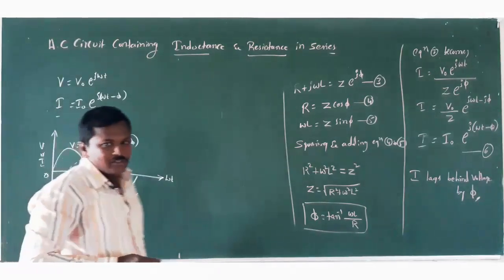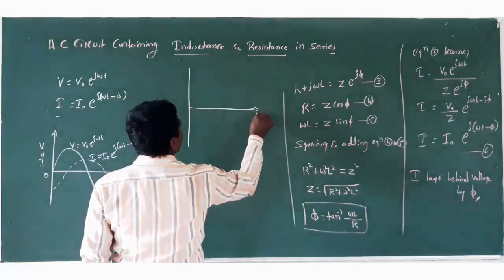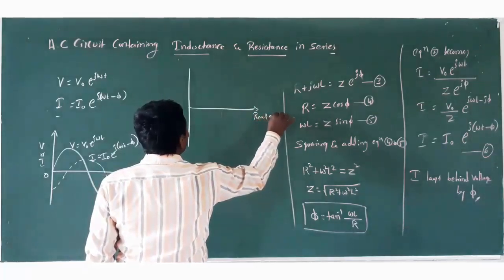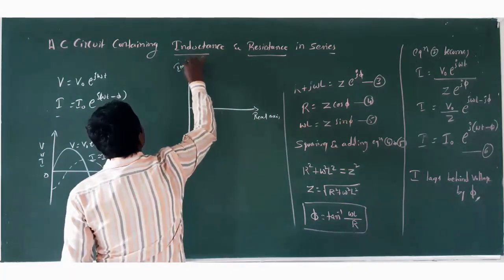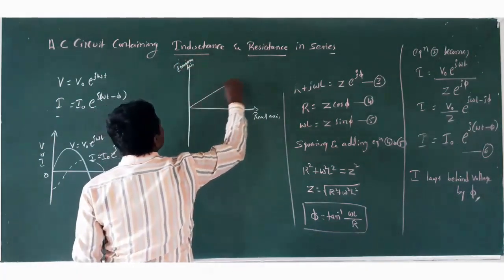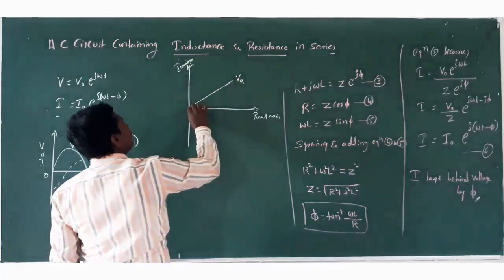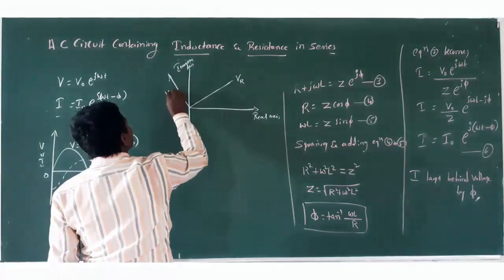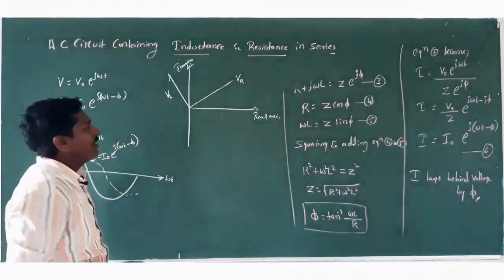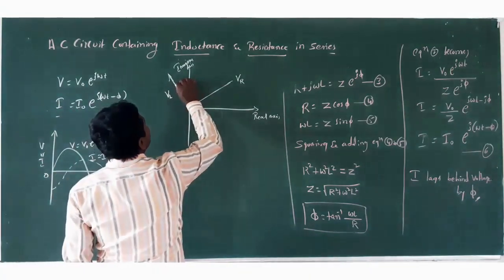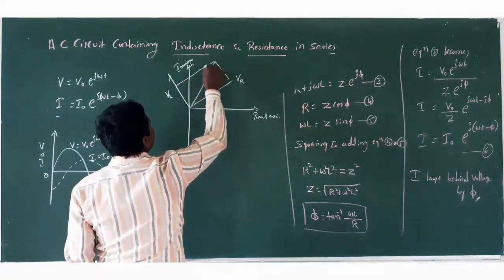And if you observe the phasor diagram for this one, this is the real axis we know, and this represents the imaginary axis. Let us consider this is the voltage across a resistor, and perpendicular to this one is the voltage across the inductor. We know that the resultant of these two we are going to get is the peak value of voltage, that can be represented in this form.